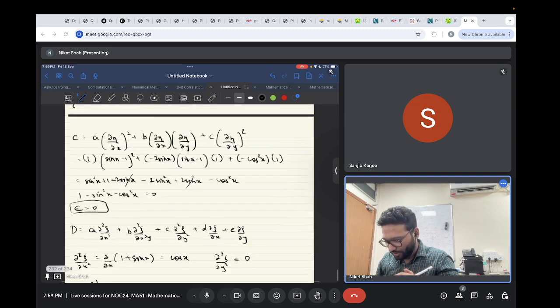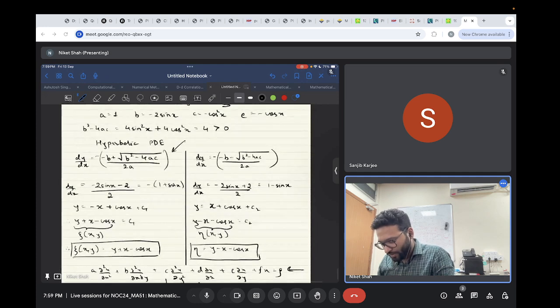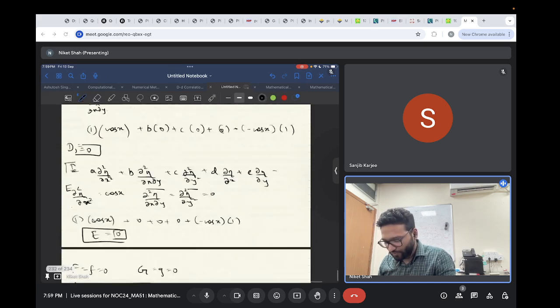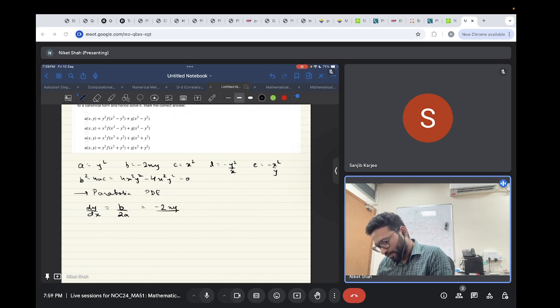Here, if you see, there were two dy by dx equations which we solved simultaneously. This was one where we had a plus sign, this was the second where we had a minus sign, because any quadratic has two solutions. But here, because B square minus 4AC is equal to 0, we get only one solution, only B by 2A. dy by dx is B by 2A, which is equal to what? B is minus 2xy divided by 2y square, which is equal to minus x by y.